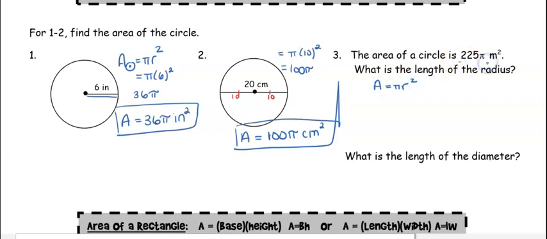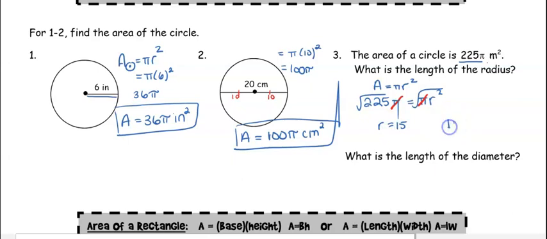And if the area is 225 pi, we want to use that information to figure out what that radius is going to be. We can see that our pi's are going to cancel out. So to find the radius, we square root, and we find that the radius is going to be 15.